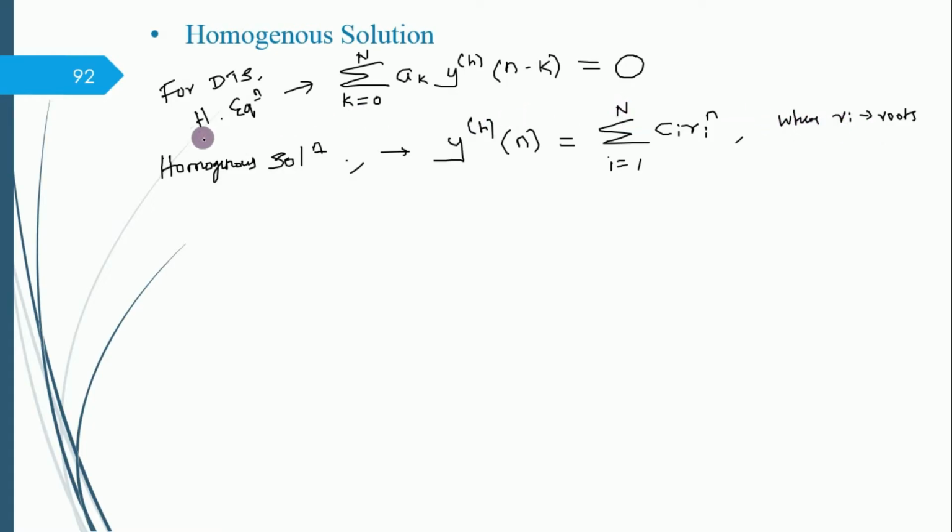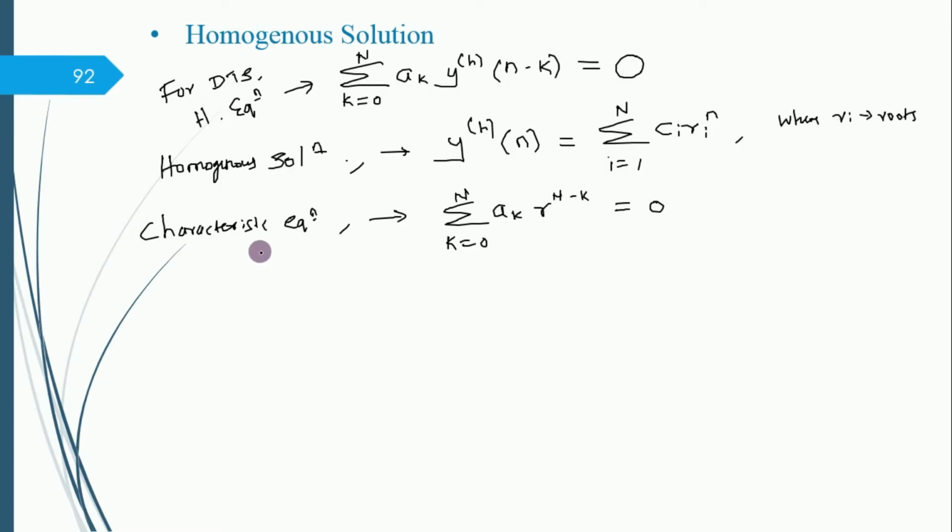Now if I want to write the characteristic equation for the DTS system, it would give me summation k is equal to 0 till n a_k r raised to n minus k equal to 0. You remember these three things for both discrete time as well as continuous time. I'll take their reference in solving the numerical example. After solving at least one numerical example, it will be understandable for you. So I want your patience up till then.